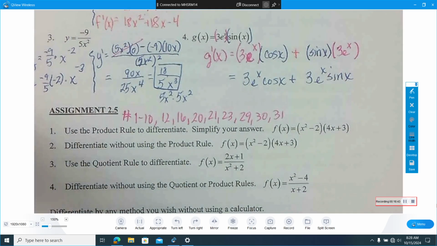I want to make sure that's right. I might have changed it on the calendar. Let me see. Is that what it says? Okay. Great. 29 through 31. Yeah.